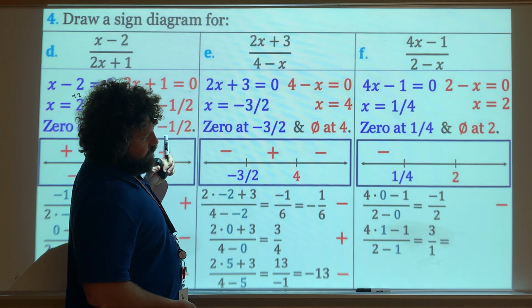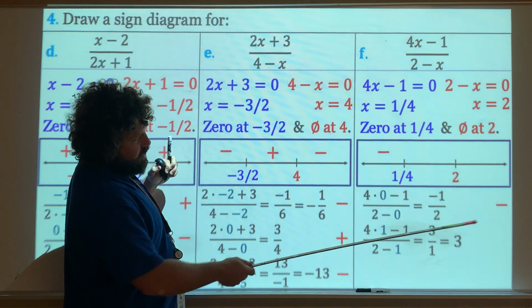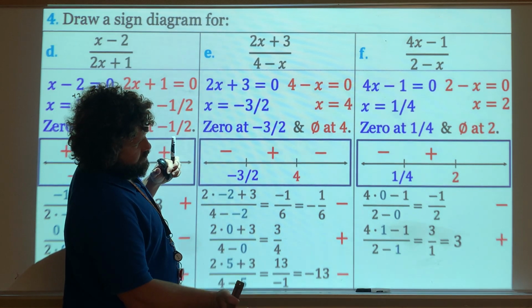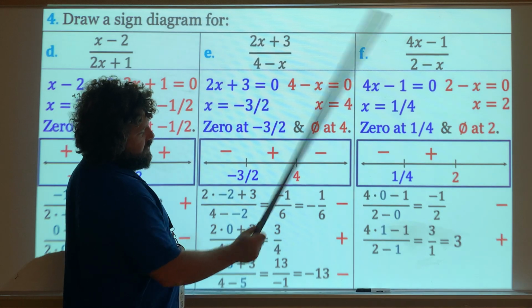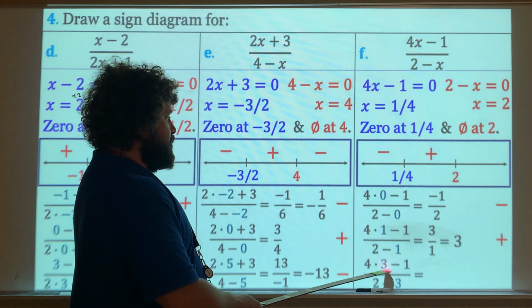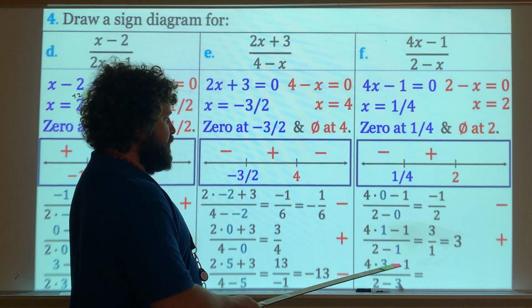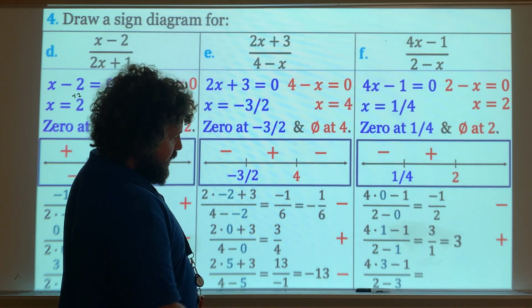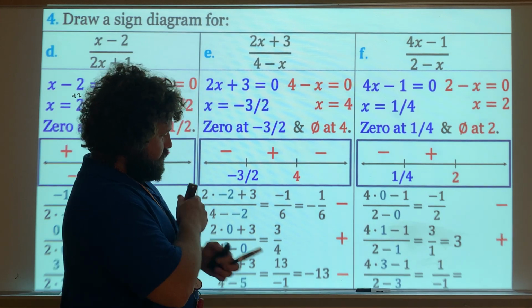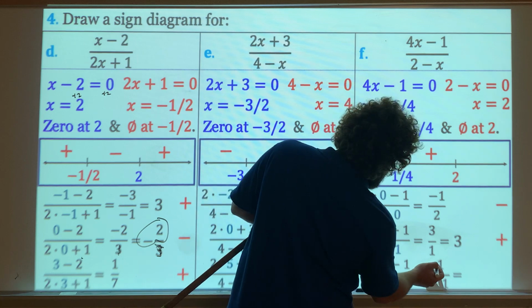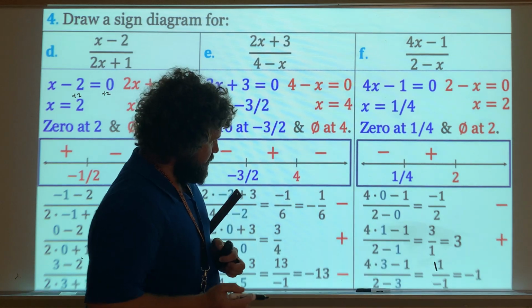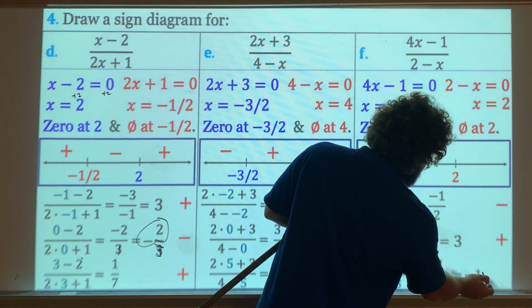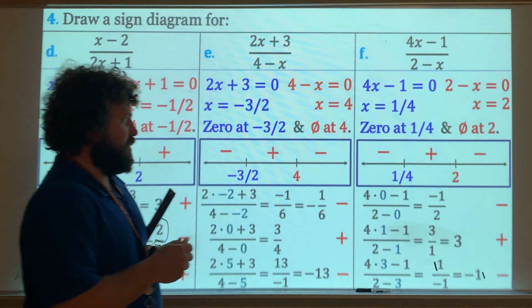Divided by 1 is 3. 3 is a positive number. Right? Number greater than 2 is 3. 4 times 3, minus 1. 12 minus 1 is 11. Divided by negative 1 is negative 11, which is a negative number.